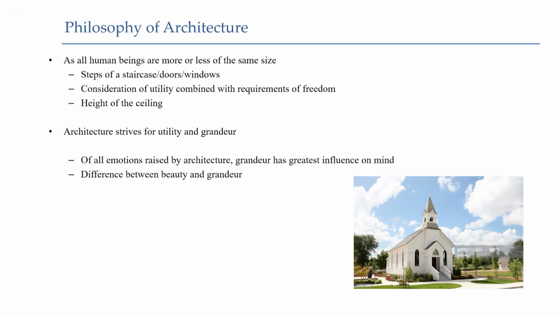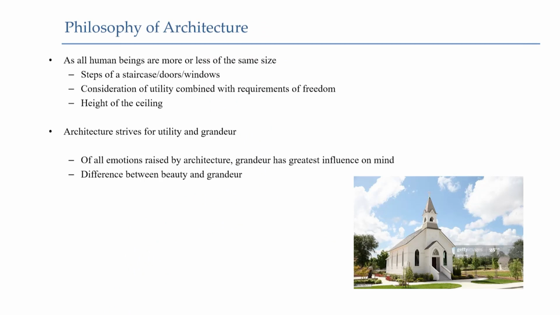So, as you can see, there is a repeated emphasis on the size of the human being, and then there is an element of grandeur which is non-human or superhuman. So, he makes this point very clearly that of all emotions raised by architecture, grandeur has the greatest influence on the mind.